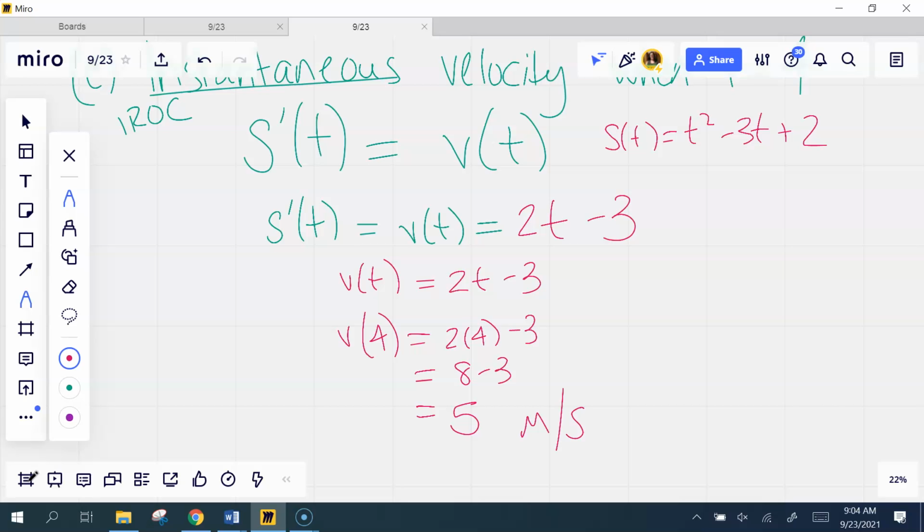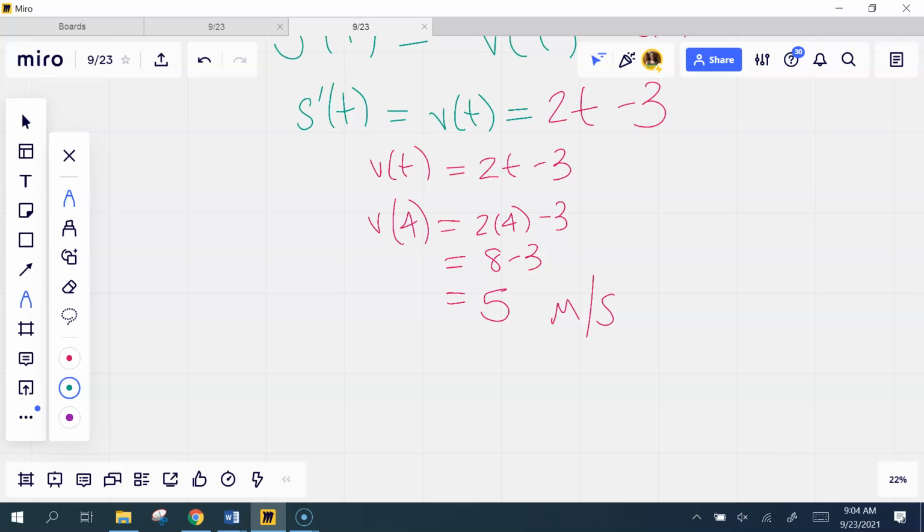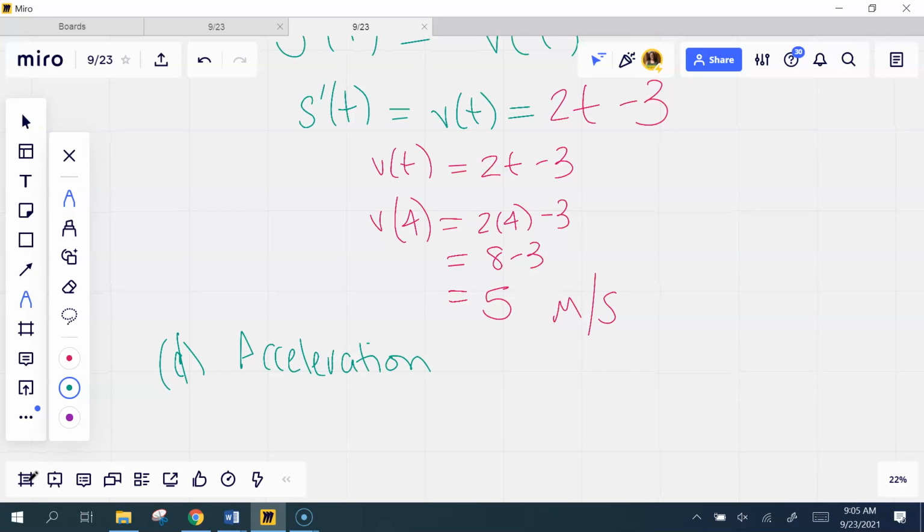How do you do acceleration? I love particle motion. We're on D, right? D is acceleration when t equals 4. What is acceleration?